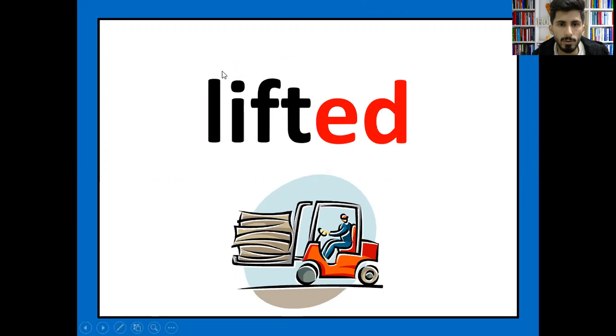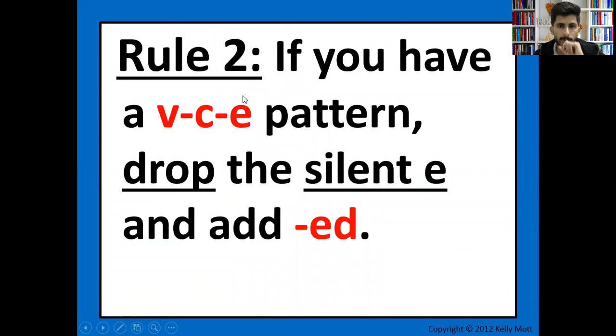Let's take another example. Now another rule. We've got rule number 2. If you have a VCE pattern. What does VCE pattern mean? V stands for vowel. C stands for consonant.